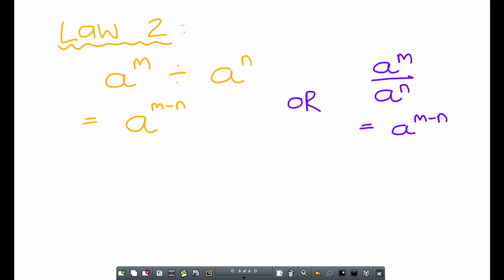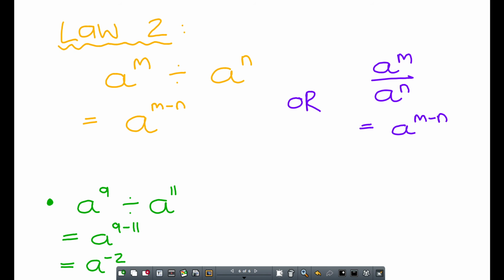Wait, let me write down. So a to the power of 9 divided by a to the power of 11. I want you to see that bases are the same, and we're dividing. So we're going to say a to the power of 9 minus 11. So your exponent is then going to be a to the power of negative 2.